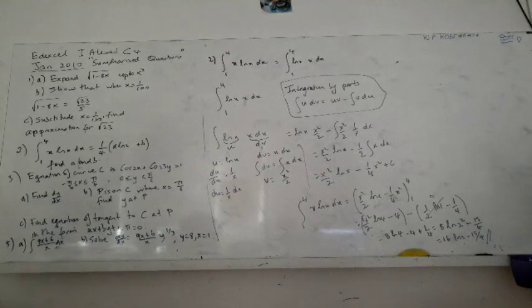Yes, that's the answer. And take 1 over 4 outside of the brackets. It is going to be 1 over 4, 64 ln 2 minus 15, and that's the answer in the expected form.